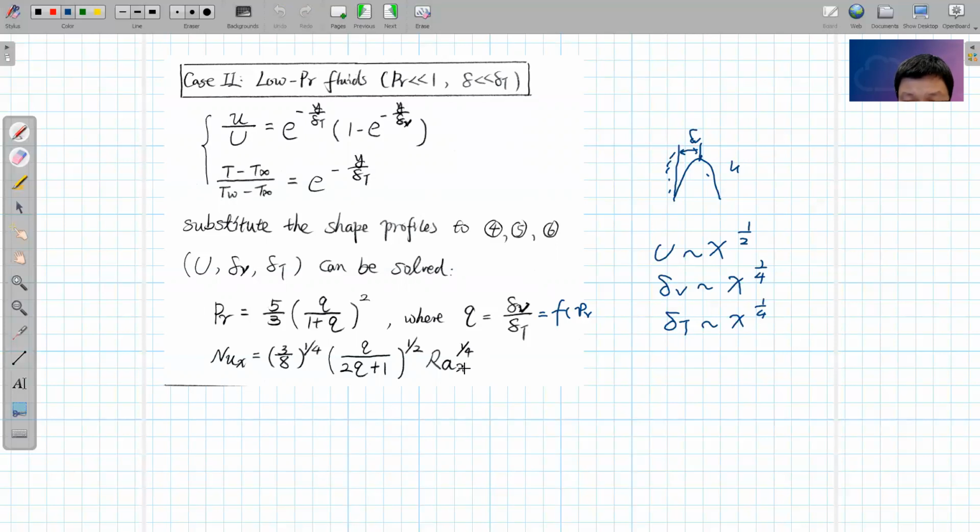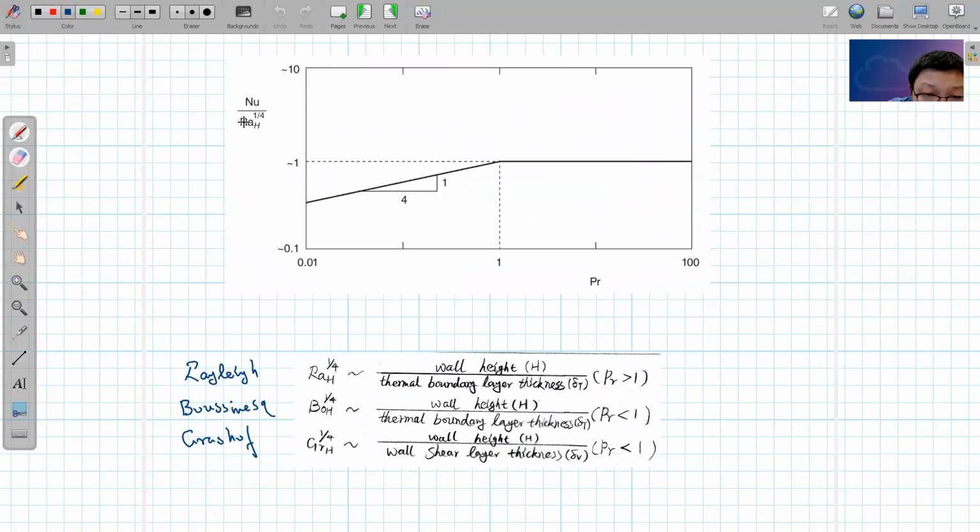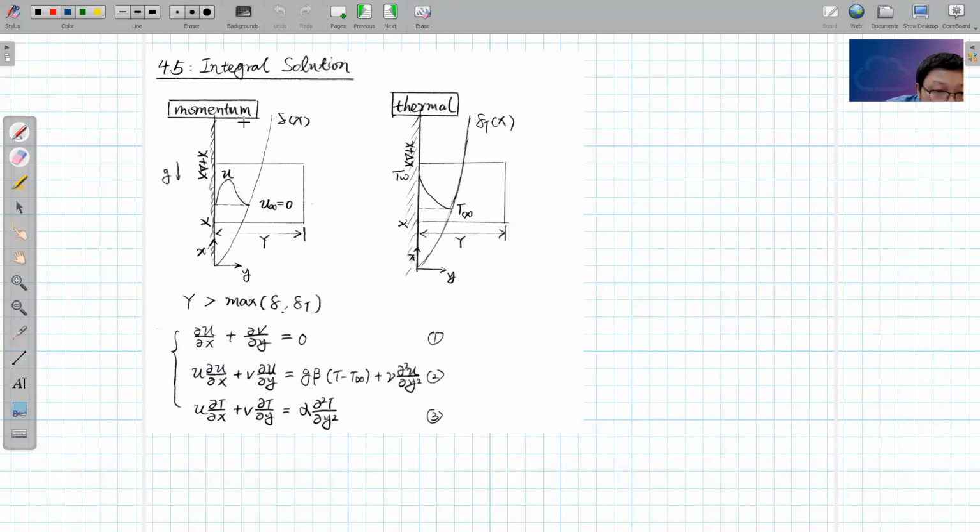What's the difference between the two U's? Which two U? This small u? Yeah, this small u is, let me show you the profile in the previous page. So this small u basically is this profile.